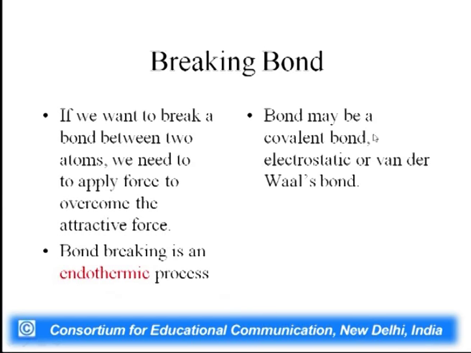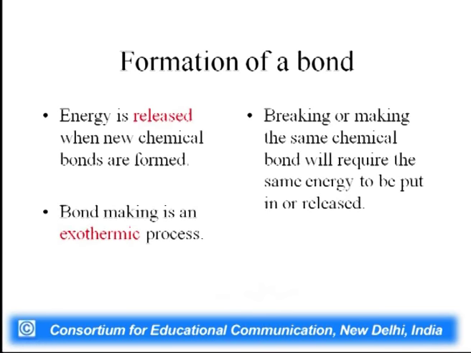This bond can be any kind of bond. It may be a covalent bond or electrostatic or van der Waals bond. On the other hand, when a bond is formed, energy is released, and thus bond making is an exothermic process. Breaking or making the same chemical bond requires the same energy to be put in or released.